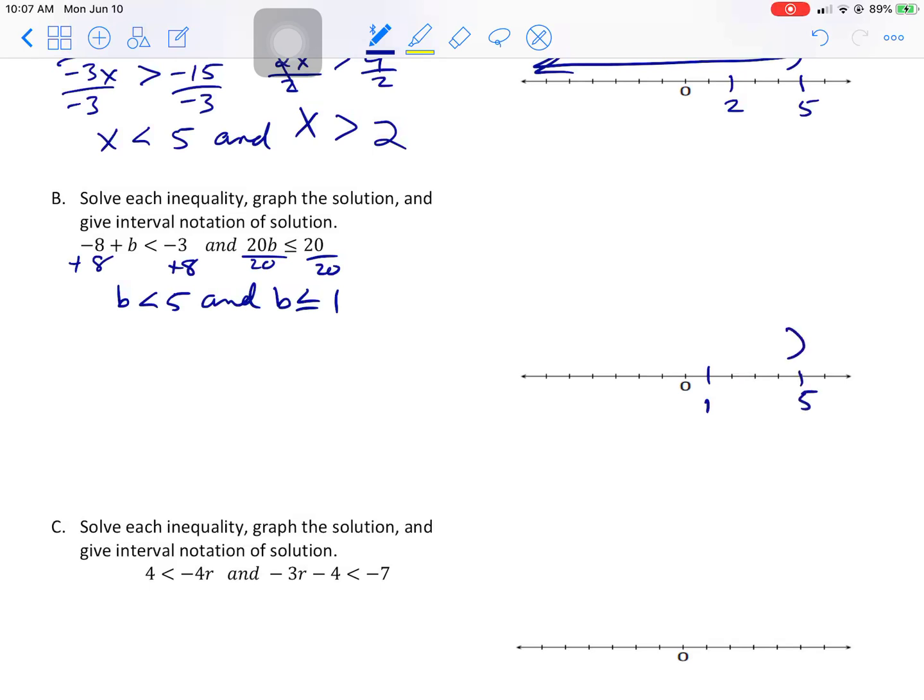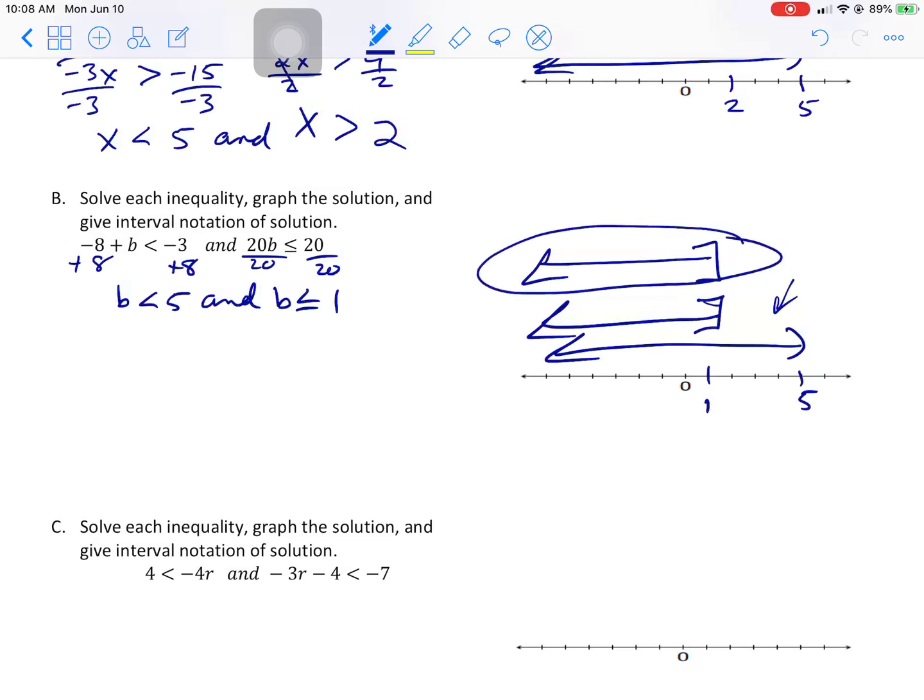One of these is a soft bracket, less than 5. One of these is a hard bracket and less than 1. They're going in the same direction. Notice that this section up here is kind of alone. Because it's an and, you only want the overlap. So this is the one that we want.